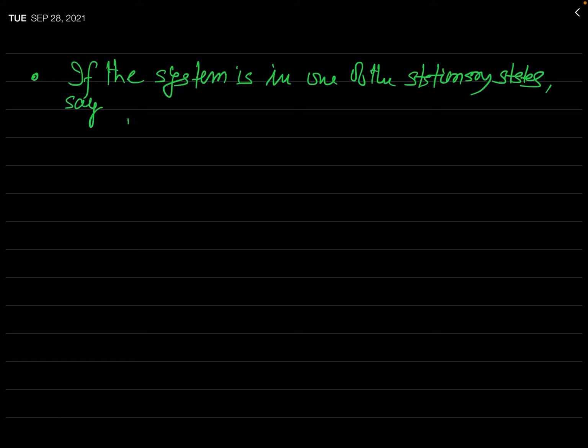Let us say psi equal to psi i, and this is equal to phi i of r times e to the power minus i over h bar E_i t.